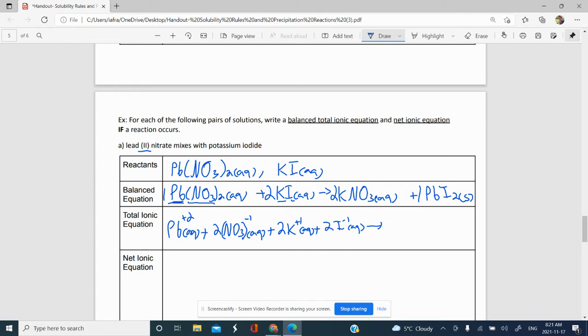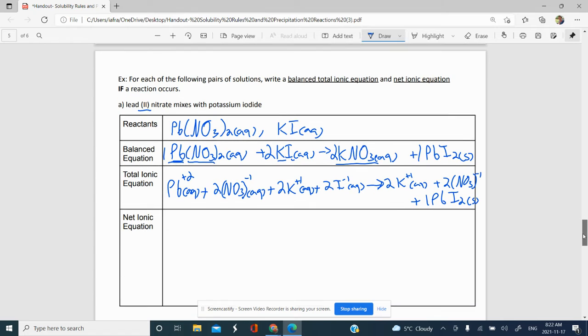And that's going to produce, we can dissociate our KNO3s, so we get 2 K+ here, plus 2 nitrates, 2 NO3-, plus 1 PbI2 solid. We don't separate the solid because it's insoluble. It does not dissociate.